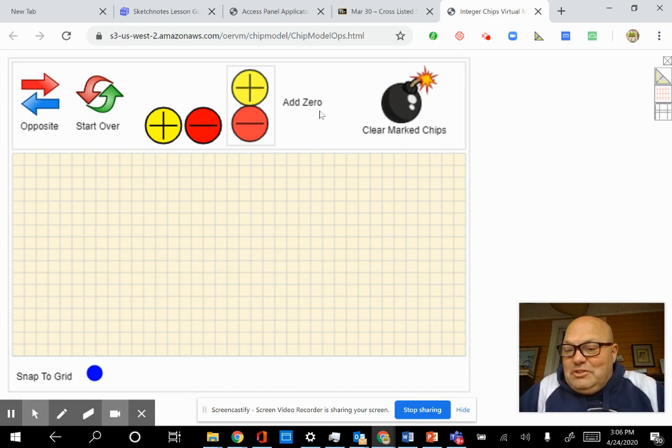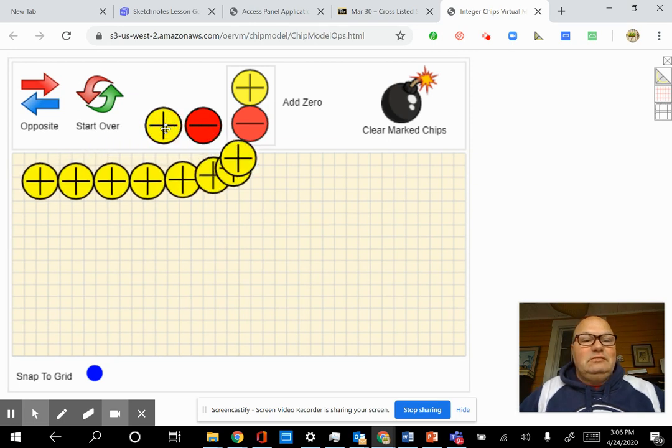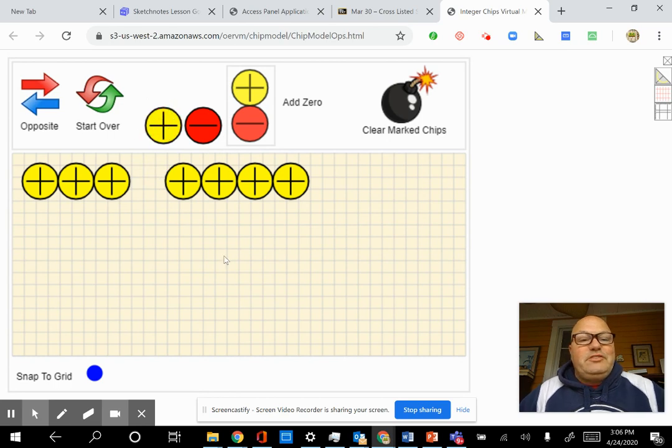So suppose we want to do 7 minus negative 3. Write that down. 7 minus negative 3. So we'll start with 7. Okay, so there's 7. Now, there's no negatives. We want to take away negative 3, but there's no negatives to take away. So what we're going to do is add 3 zeros.